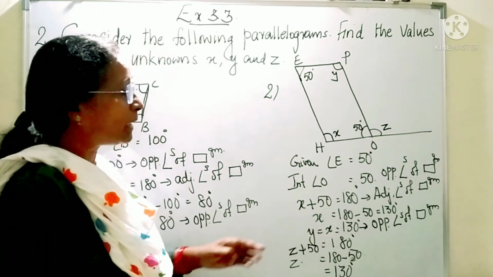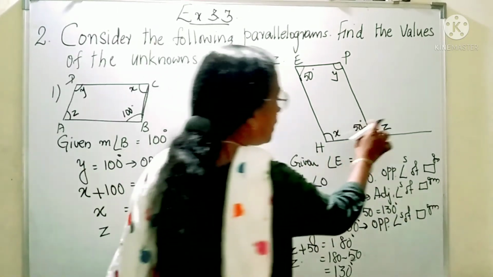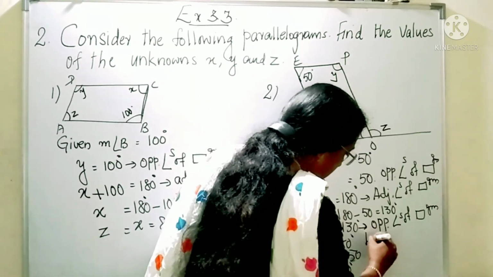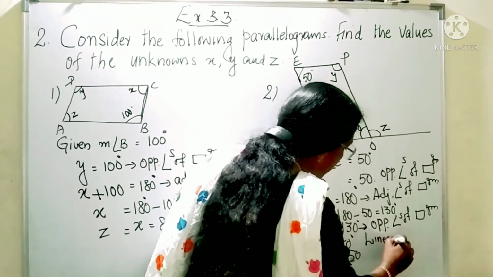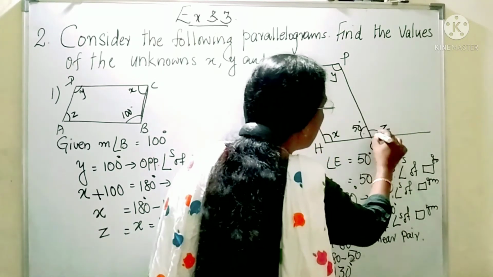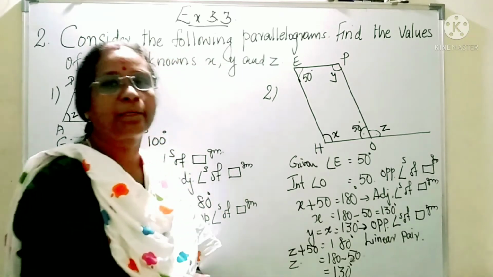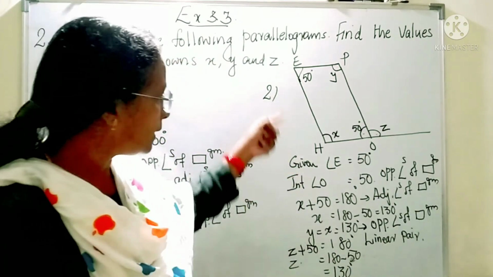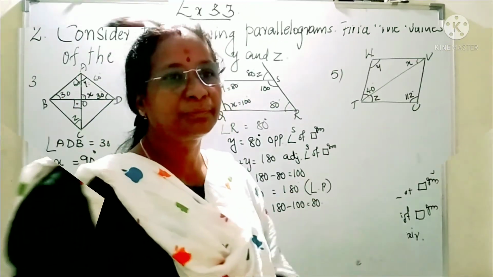Here what relation will you write? They form linear pairs. These two angles form a linear pair. So we got all the angles X, Y, Z.